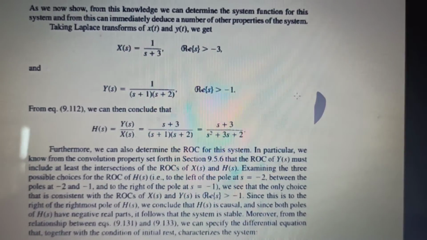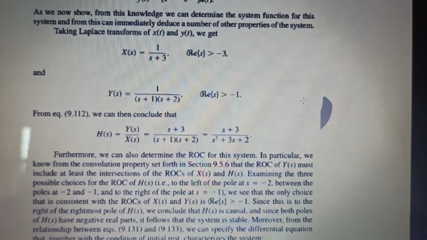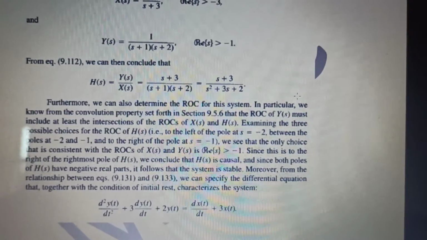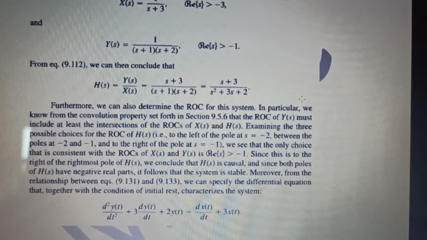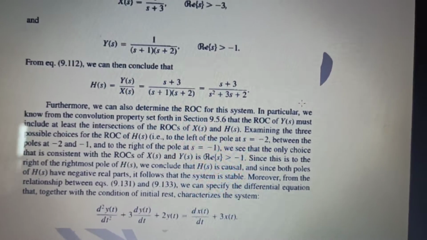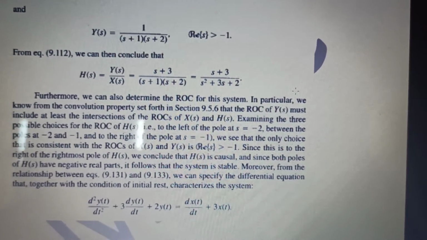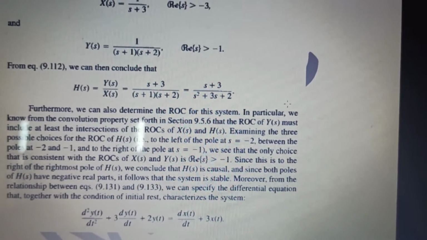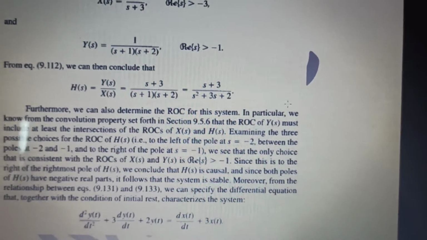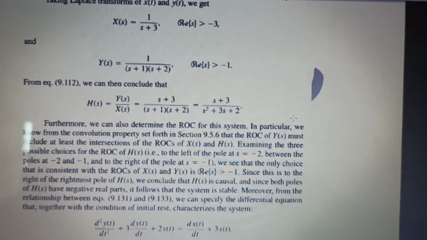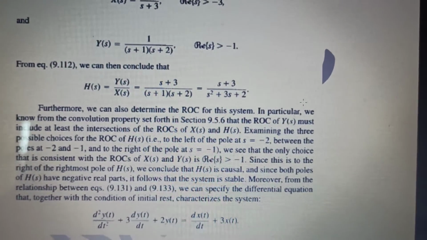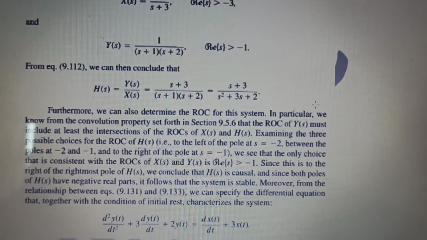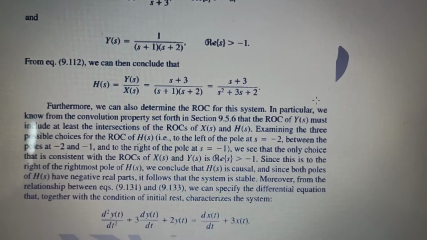When the poles or zeros are on the right hand side of the j omega axis, then it will be termed as a non-minimum phase system. And if they are totally on the left hand side of the j omega axis, then that will be termed as a minimum phase system. Is it clear or not? I think it is clear.